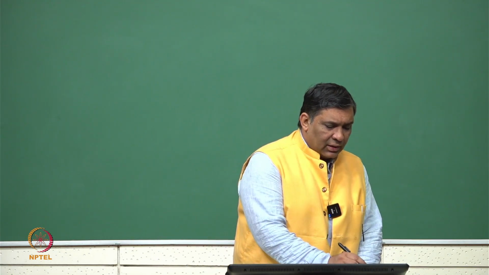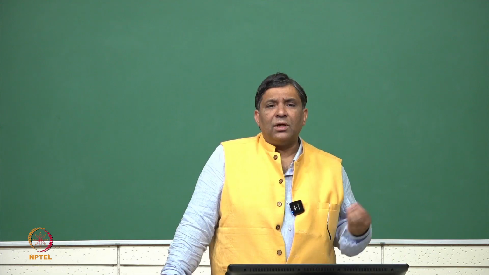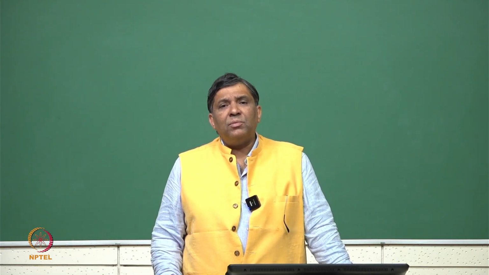All right, and they have good thermal conductivity. So, sometimes these refractory metals are also coated with something in order to reduce the work function, like thoriated tungsten. Tungsten is a very popular refractory metal for this thermionic generator, but its work function is relatively high.